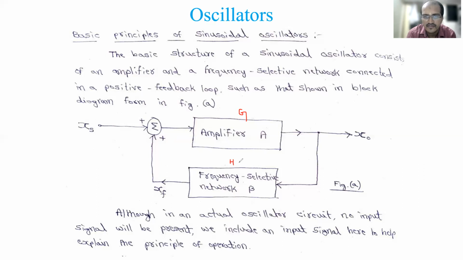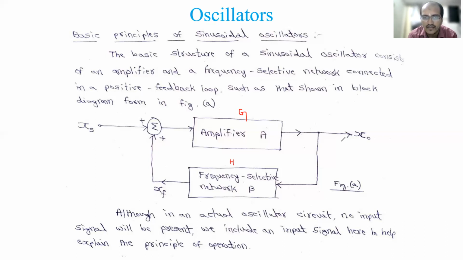When you do the simplification or derivation of this, the output by input, x naught by xs, is the gain. In control system we call it the transfer function, nothing but output by input. The same thing in amplifier circuits, output by input, is the gain. If you are measuring with voltage, it is voltage gain; with current, it is current gain.